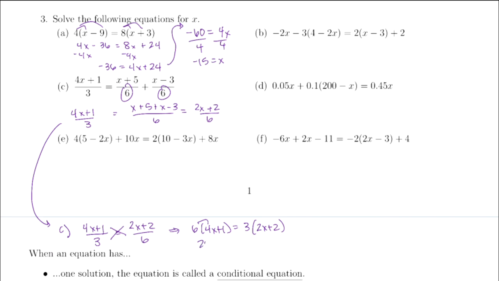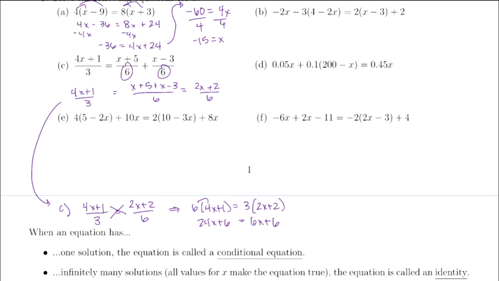So I have 24x plus 6 equals 6x plus 6. And then I'm going to simplify that. I'm going to move the 6x over, so I'm going to subtract 6x from both sides, which would give me 18x plus 6 equals 6, and then subtracting 6 from both sides, I get 18x equals 0, so x is 0 divided by 18, which is 0.